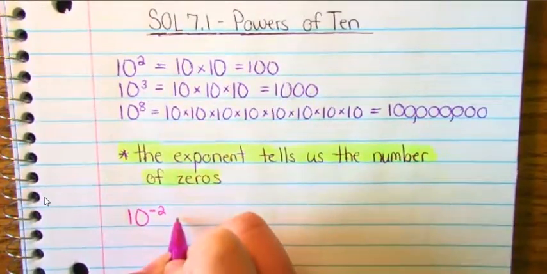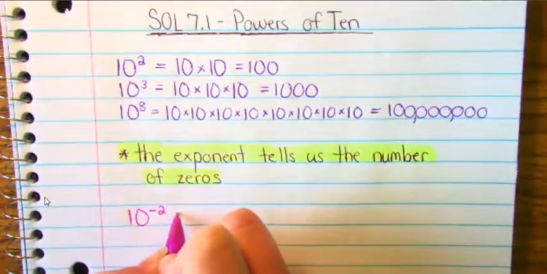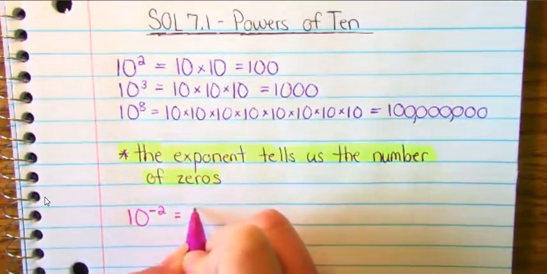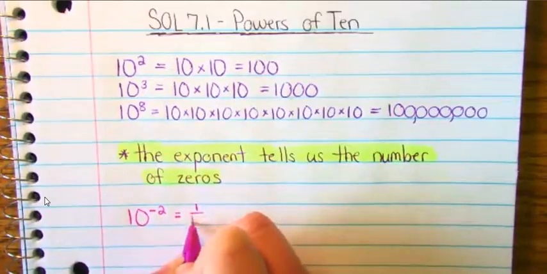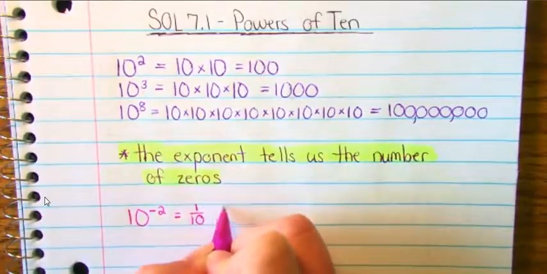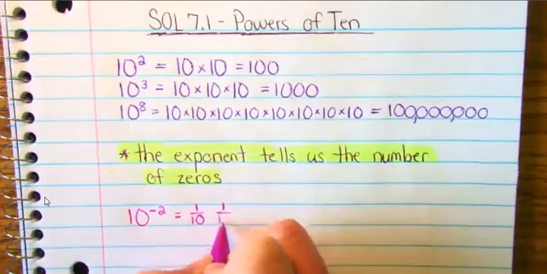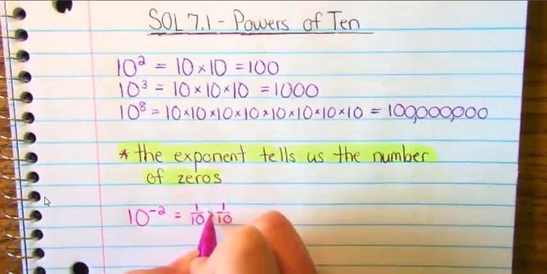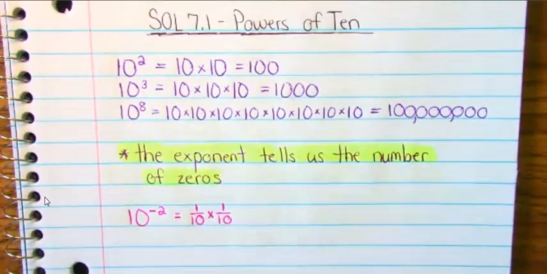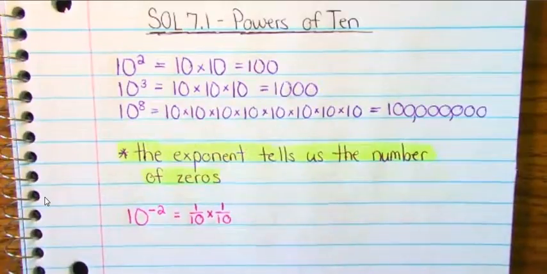This means we have to turn it into a fraction of 1/10, but we have to make it 1/10 2 times. 1/10 times 1/10. So it still told me that there's 2 tens. It's just that you have to do it twice.